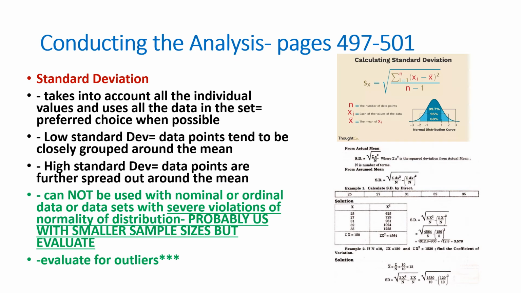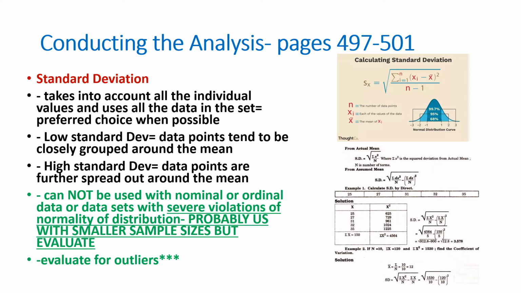When we look at standard deviation, it takes into account all the individual values. So if you have outliers, like really extreme data, you have some in the middle and some extreme data on either side, which I know I've heard some of you say, if you take out those, it really changes the mean. So we have to really think about when we're using the mean and we have outliers, we may want to use median. When you use median, you're going to use interquartile.